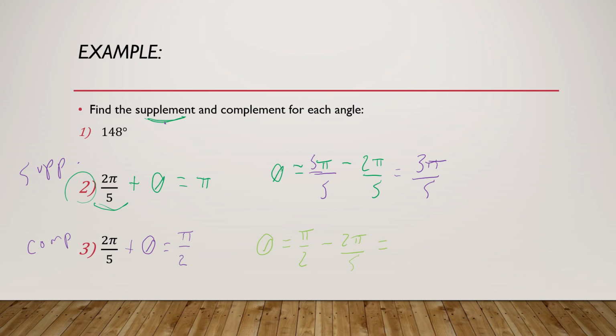And let's see, if we wanted to find a common denominator for 2 and 5, we could turn both fractions into tenths, which means I need to multiply the first fraction by 5 over 5, so 5 pi, and the second fraction by 2. Okay, 5 pi over 10 minus 4 pi over 10, that is pi over 10.